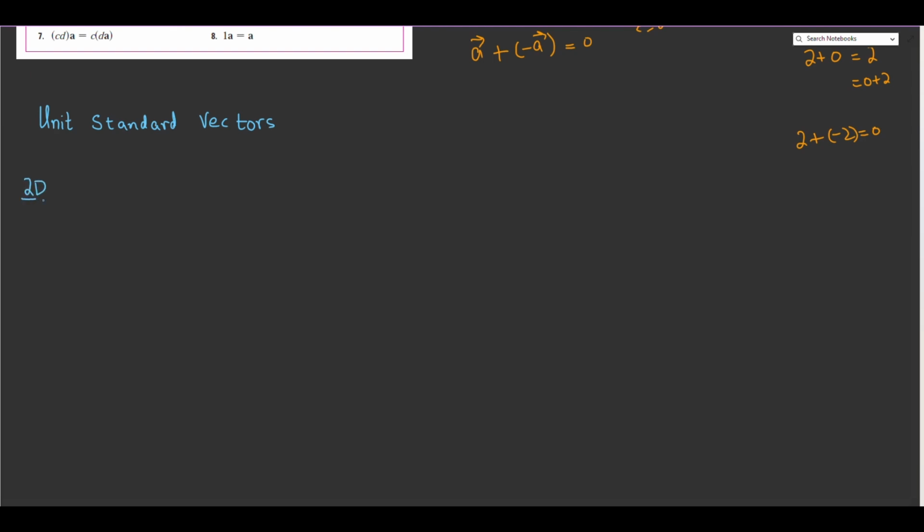Here, let's first consider the 2D, and on this side we will consider the 3D. In the 2D case, we have the XY plane, and in the 3D space we have the x, y, and z axes. Now, what are the unit vectors? And before this, what is a unit vector? A unit vector is a vector whose length is equal to 1.